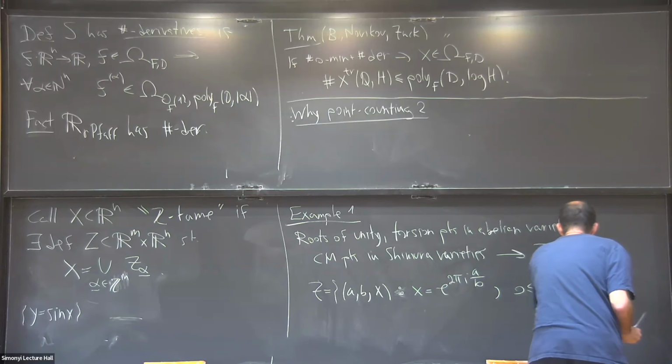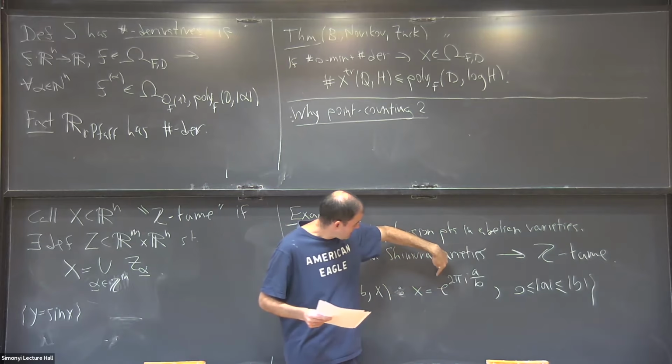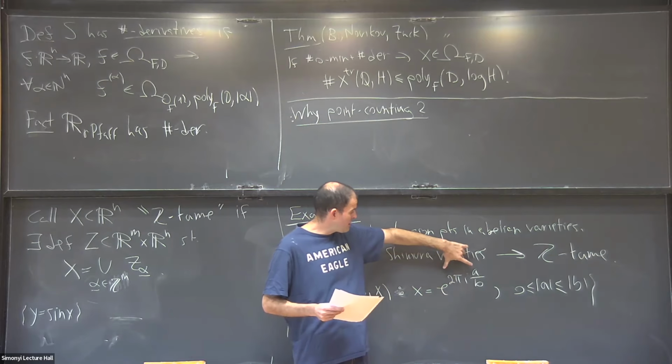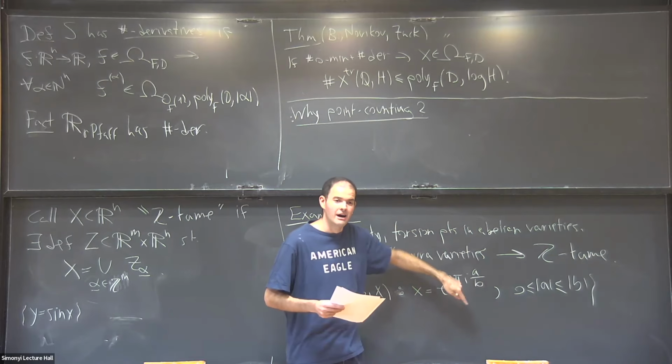So this would be a definable family that gives me a parameterization of all the roots of unity. The important thing to notice here is that I'm taking an exponent, so this is a first order formula where I'm taking the exponent. This is an oscillating exponent.